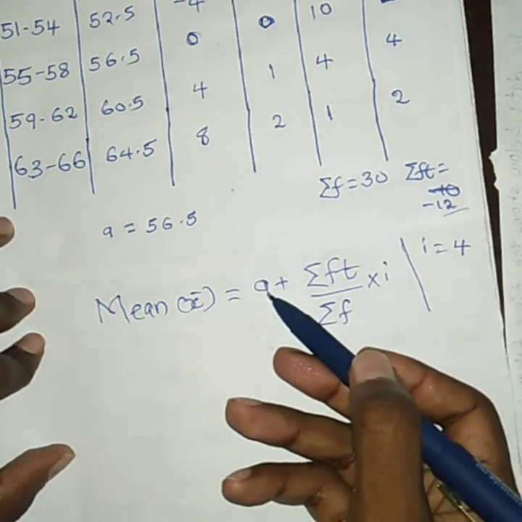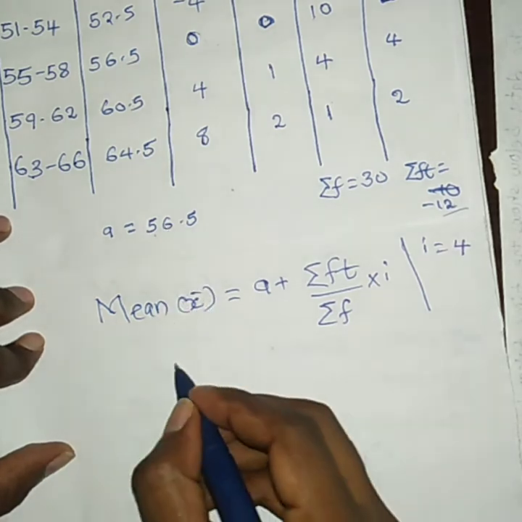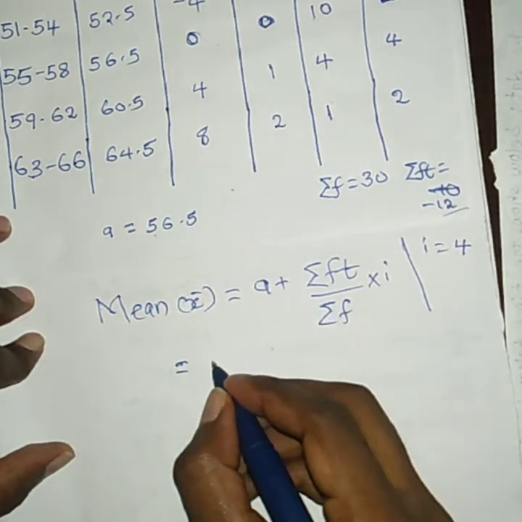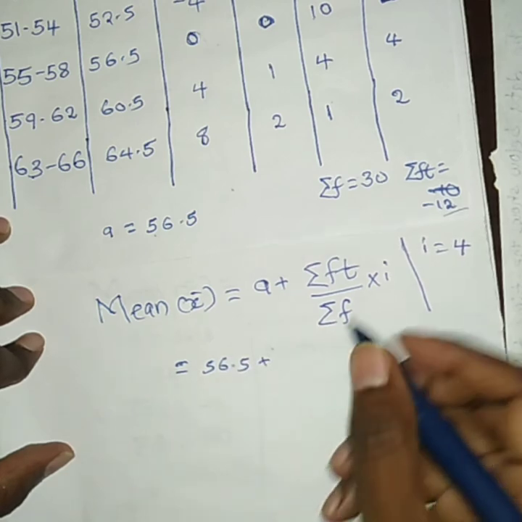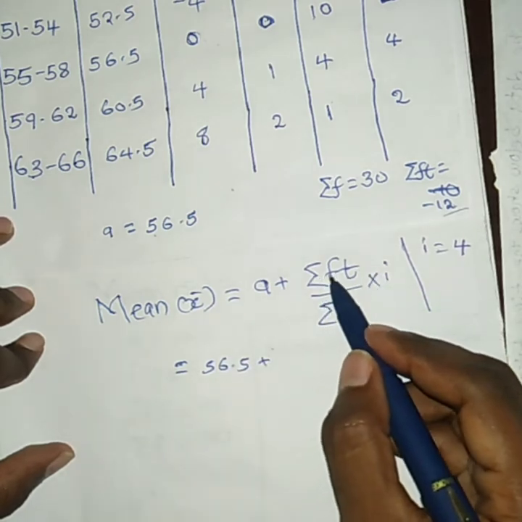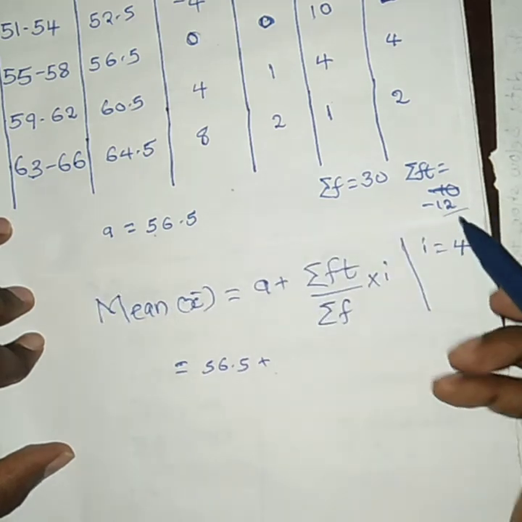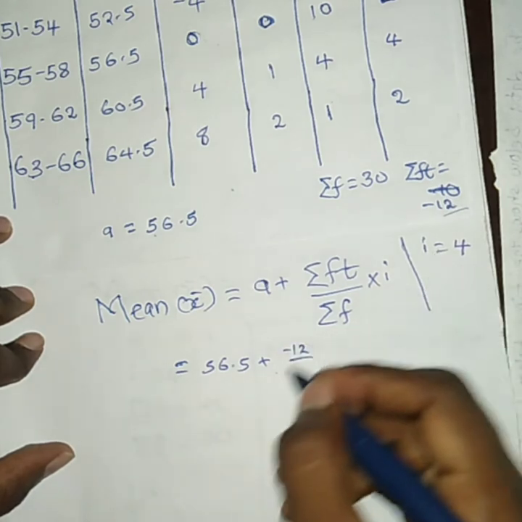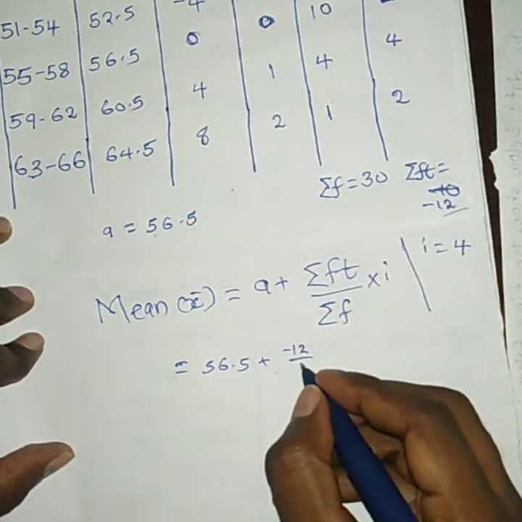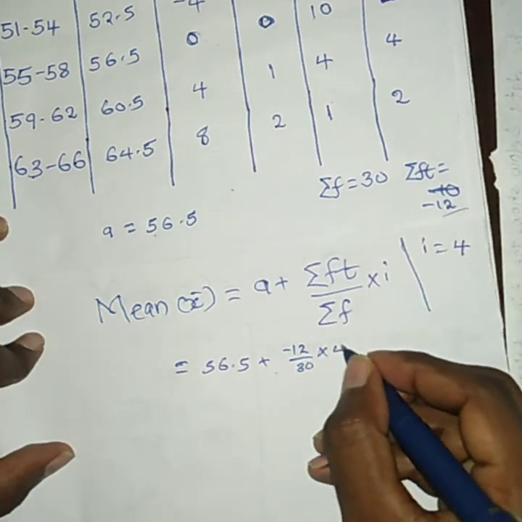And our assumed mean is 56.5. So 56.5 plus the summation of ft, which is -12, over the summation of f, which is 30, times the class length, which is 4.